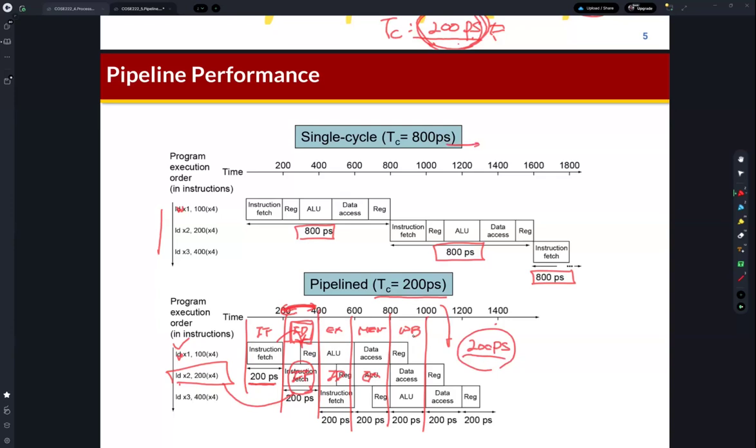For the single cycle processor design, the clock period is 800 picoseconds, right? Then what is the performance speed up? Speed up is 800 picoseconds divided by 200 picoseconds. It's 4, right?